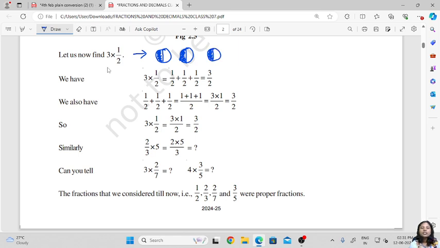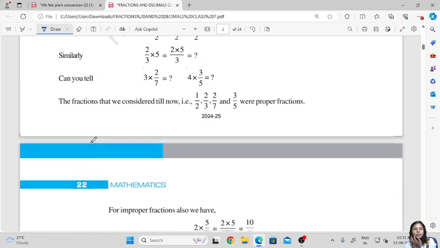So when I add this, this will be what? 1 by 2, 1 by 2 and 1 by 2. So in this case 1 plus 1 plus 1 upon 2, because they have the same denominator, it will be 3 by 2. So if I have to write it in a simplified version, I'll write it as 3 into 1 by 2. That is what they have given here.